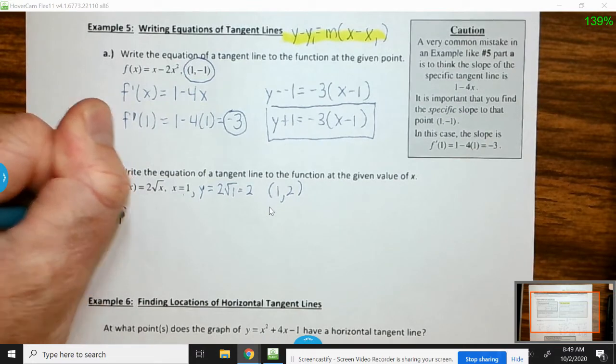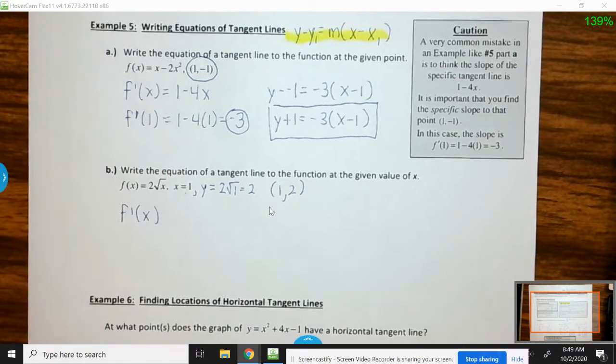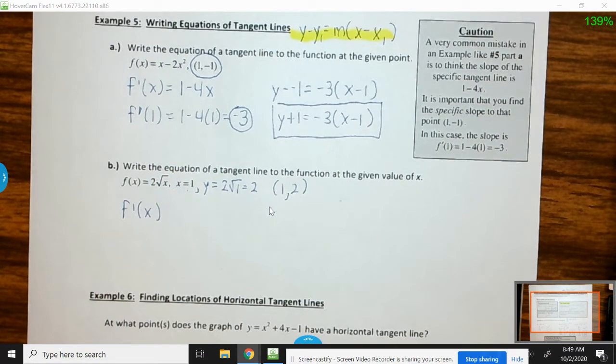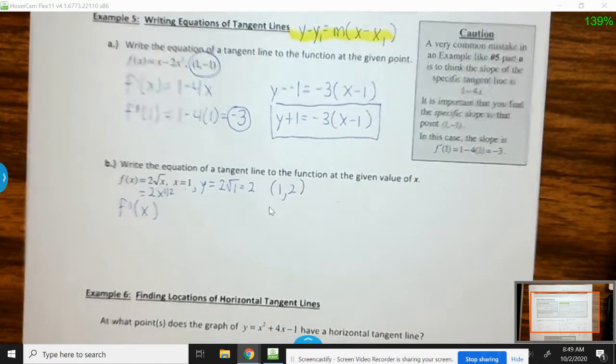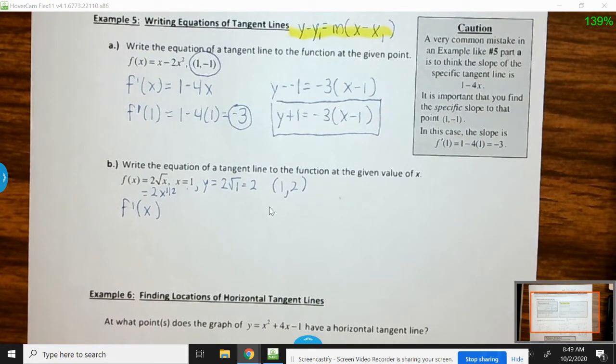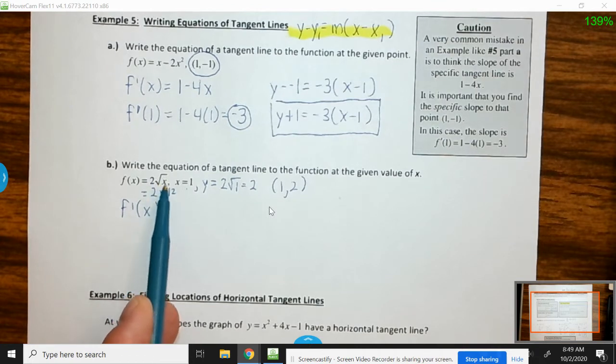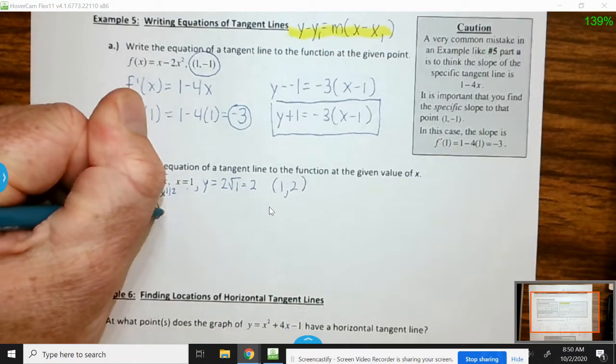So what I need to do here is find the derivative, okay? Before I do that, maybe it's best to rewrite the original function as 2x to the 1/2 power, right? Because a radical can be written as an exponent just like that. So what's the derivative of 2x to the 1/2 power?